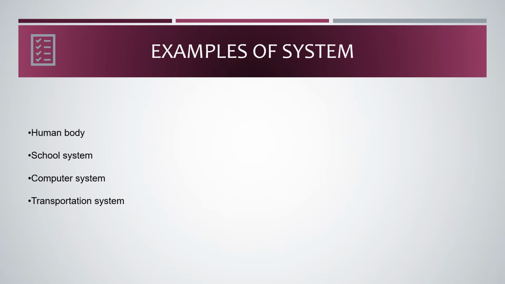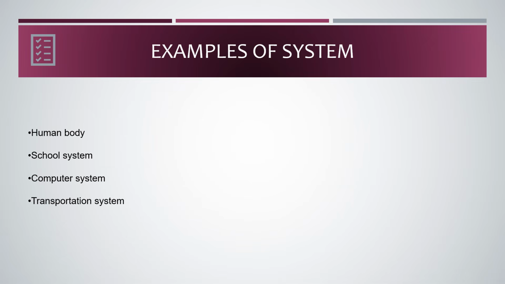Now let's see what the examples of a system are. As we see around us, there are many systems available. Some are natural systems, some are artificial systems, and those systems which are provided to us by nature are called natural systems.